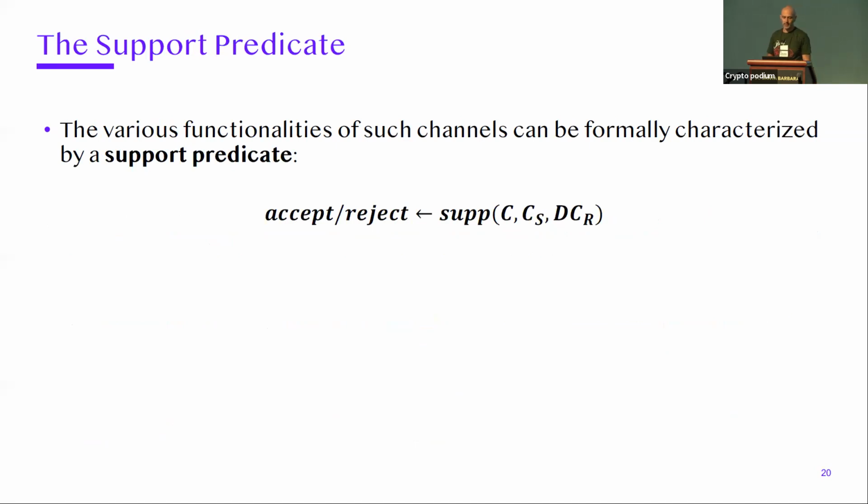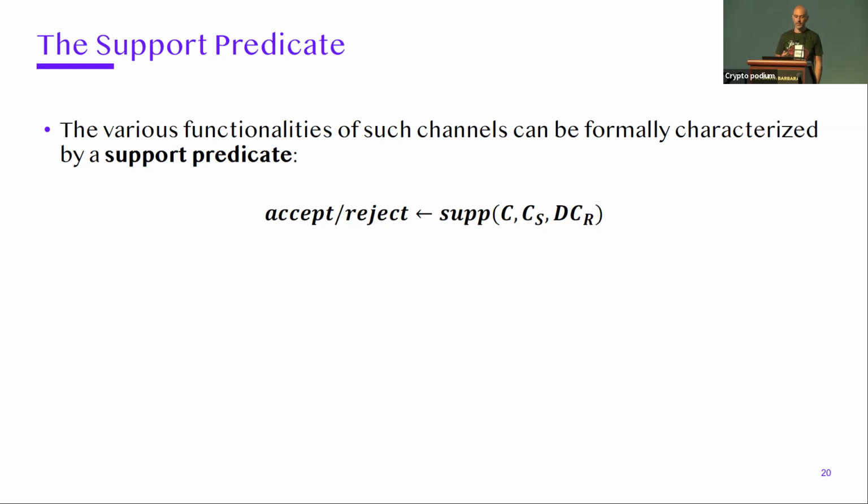So we said that there are a number of choices that one can make on the functionality of such a channel. And mathematically, these are normally formalized via something called a support predicate. And the support predicate takes three inputs. It takes a ciphertext, a list of the ciphertexts that were sent until this point, and a list of the ciphertexts that have been received and whether they have been accepted or rejected.